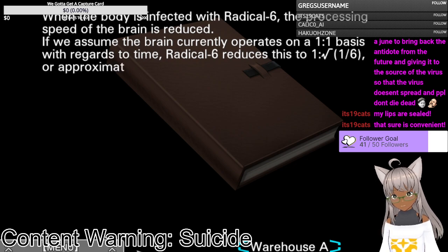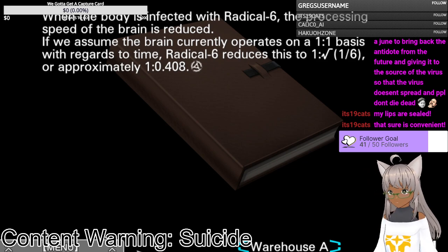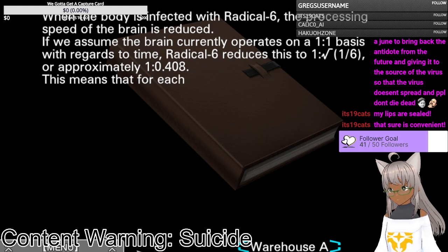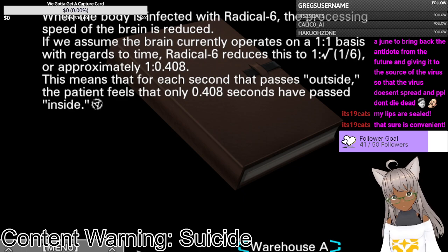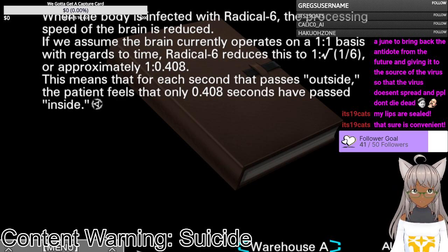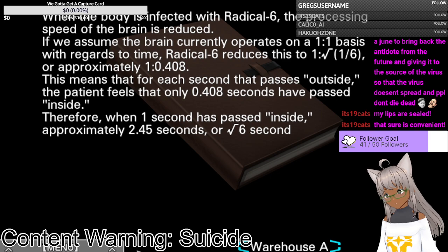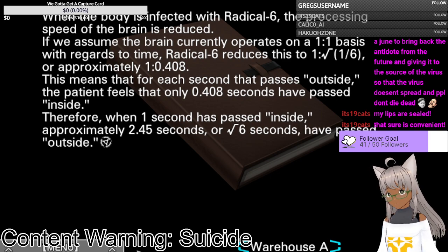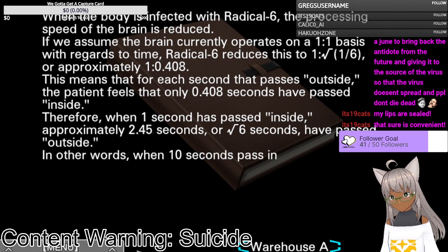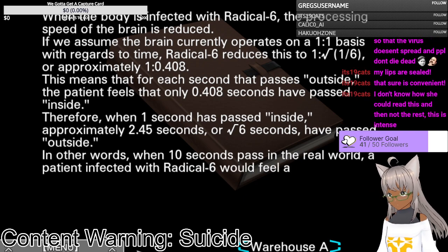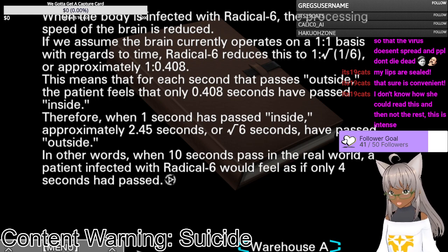This is the stuff from the secret file. This is pretty intense. What is Radical 6 in Latin?